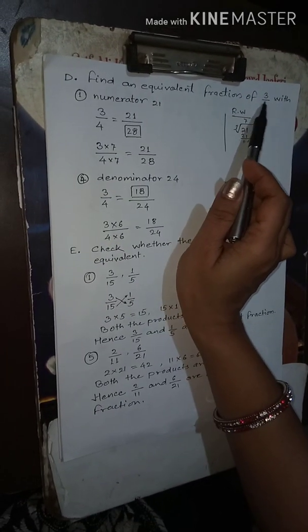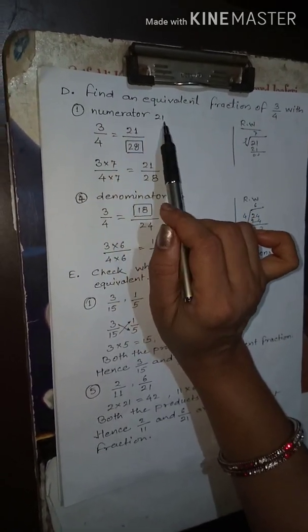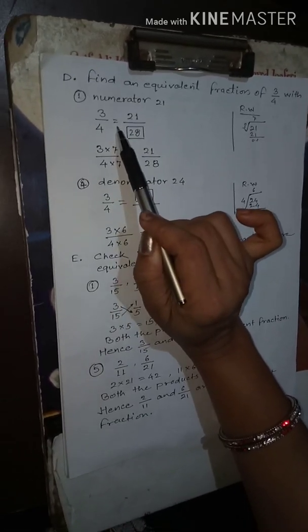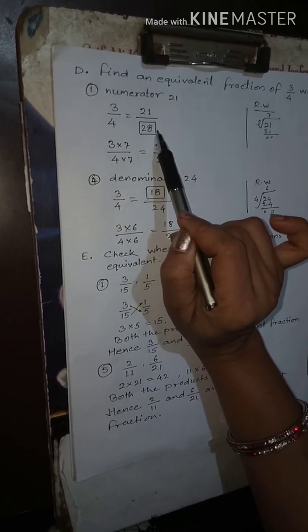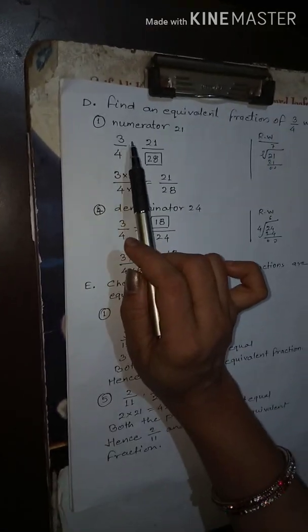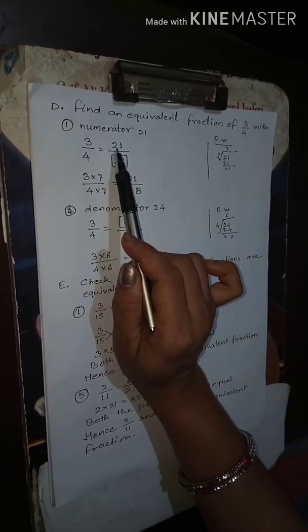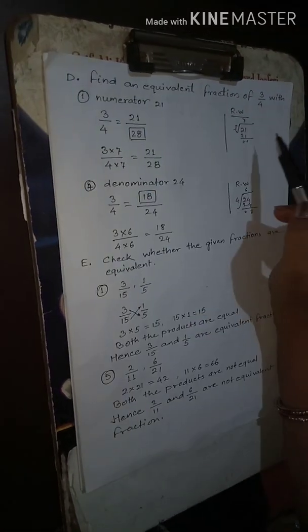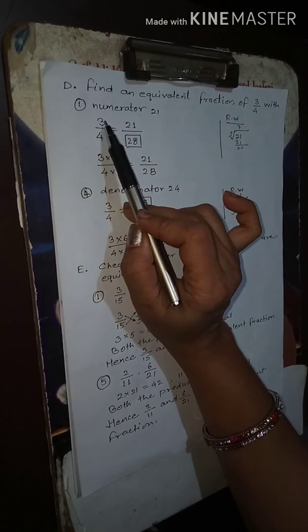Question number D. Find an equivalent fraction of 3 by 4 with. Now question number 1. Numerator 21. So we will write like that. 3 by 4 equal to numerator given 21 and we have to find out the denominator. So look at the question. To get numerator 21, we will multiply 3 by which number? So first rough work, just you see by which number we will multiply 3.